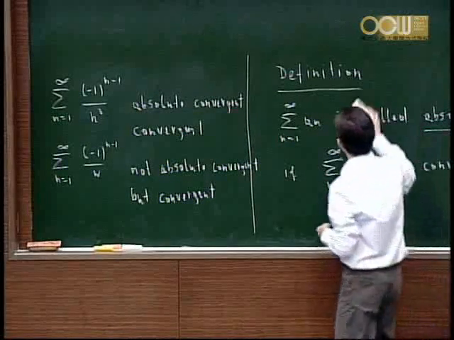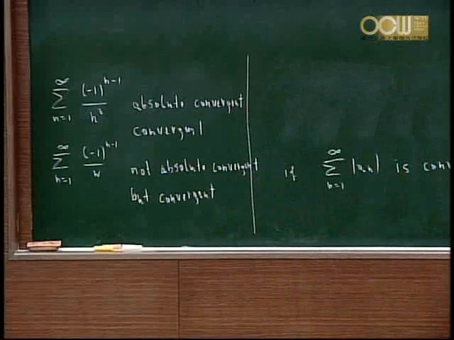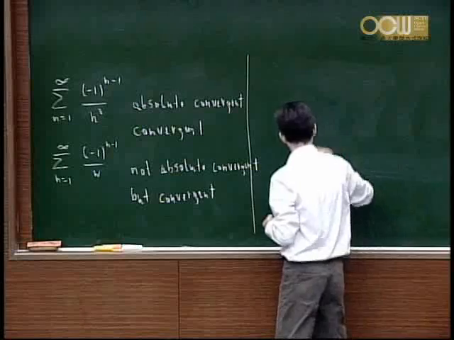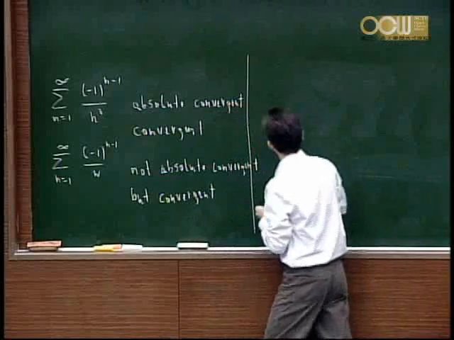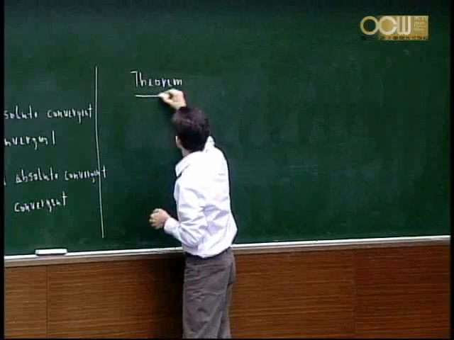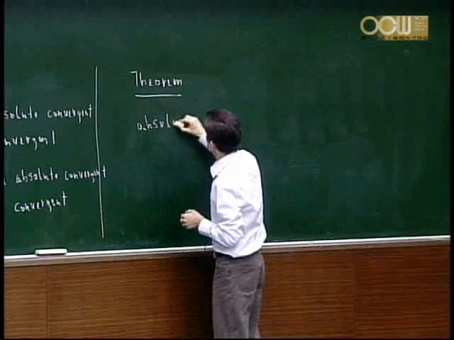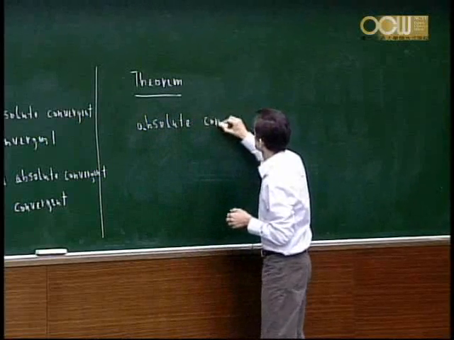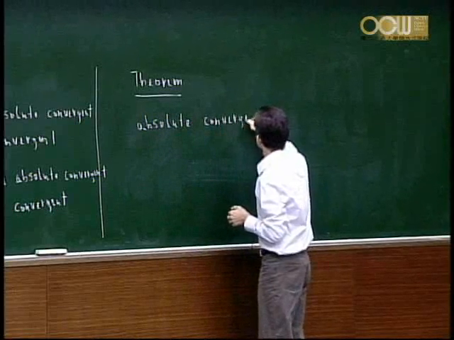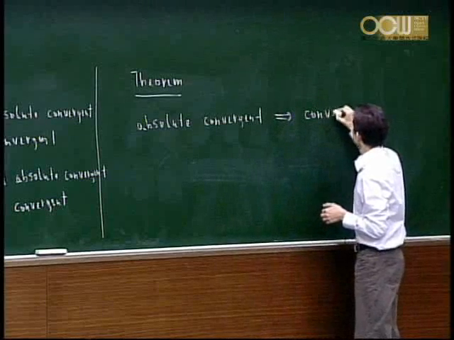So the important result is that if you have absolute convergence, then you have convergence.